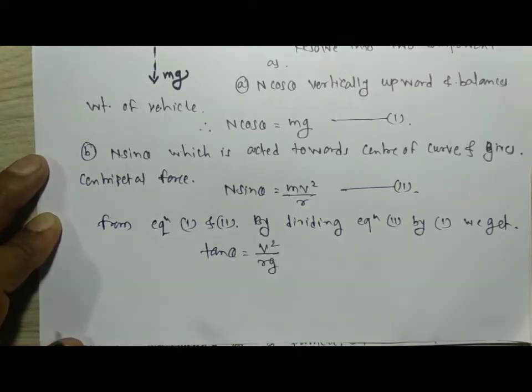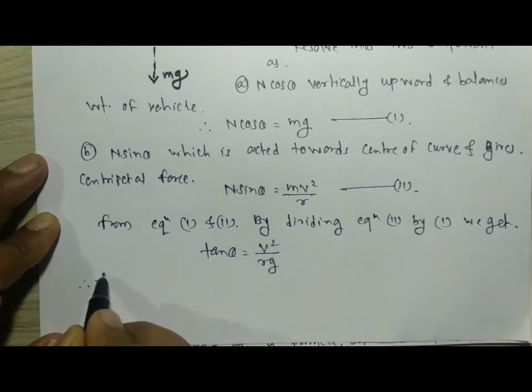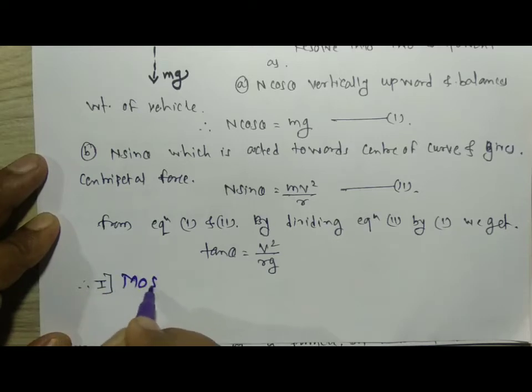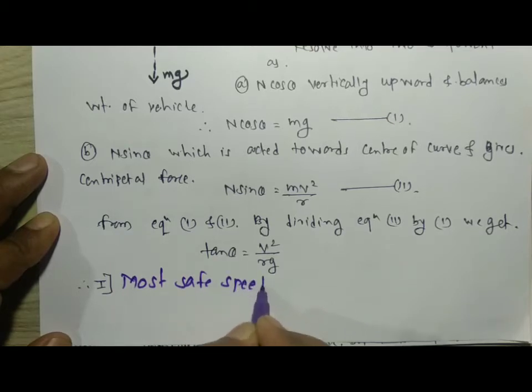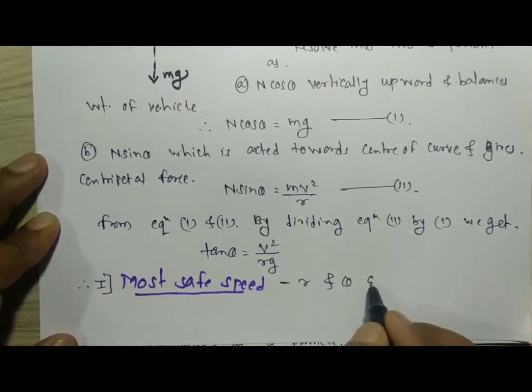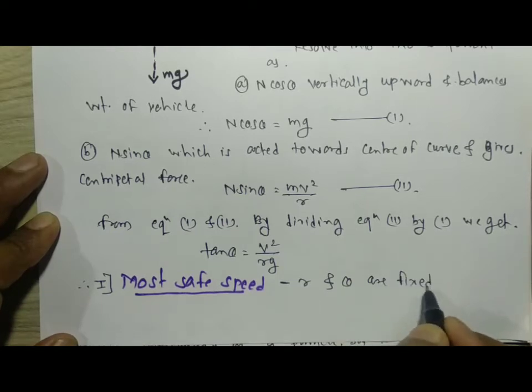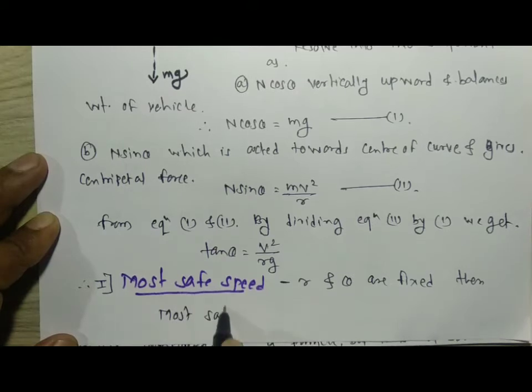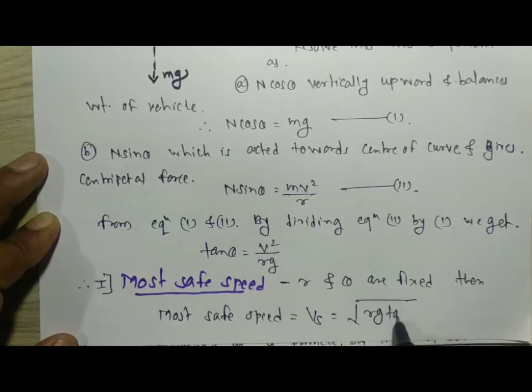Therefore we get the most safe speed. Since r and theta are fixed, the most safe speed is Vs is equal to square root of r g tan theta.